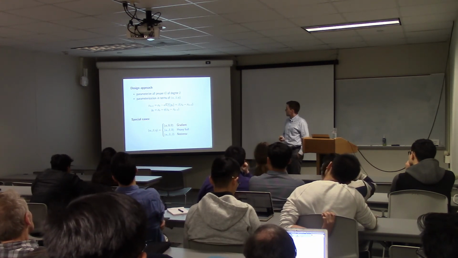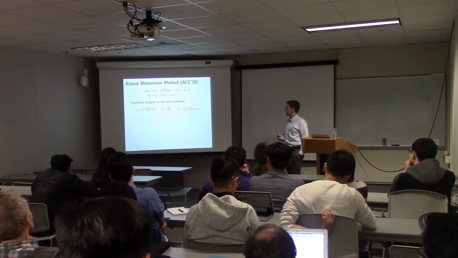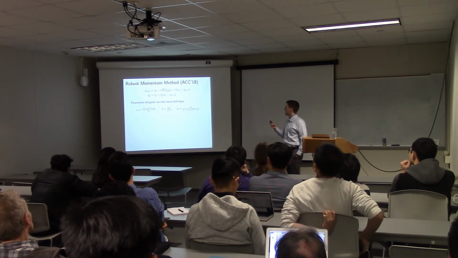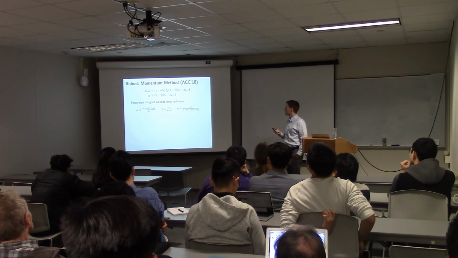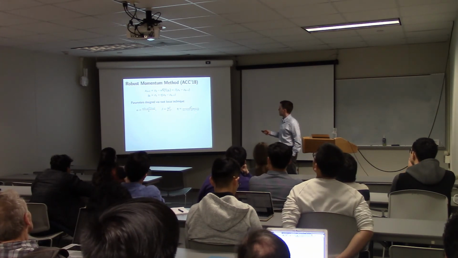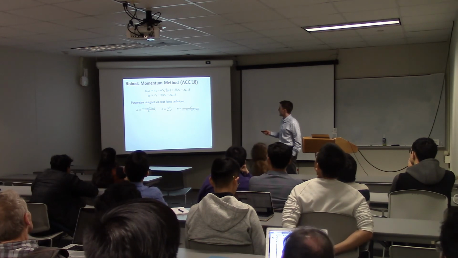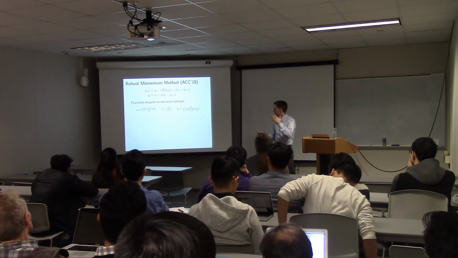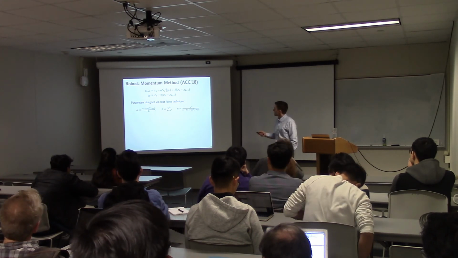The algorithm that we came up with, we call the robust momentum method, and we presented it this past summer at a controls conference. This is how you tune the parameters. These are the choices of alpha, beta, and eta. They depend on kappa, which is the ratio of L over M, so we know that. And they also depend on this other parameter, rho.